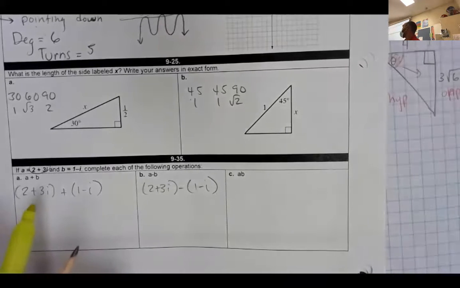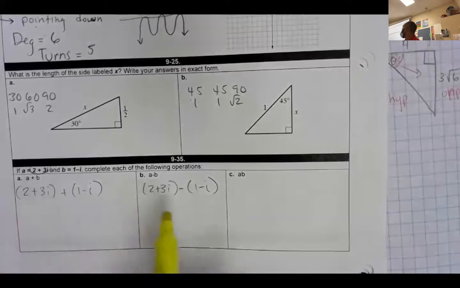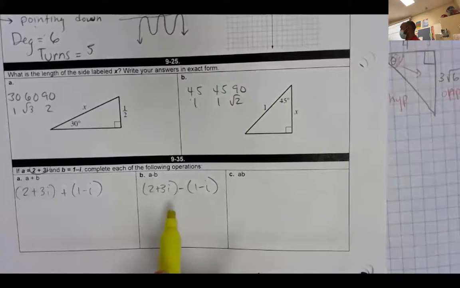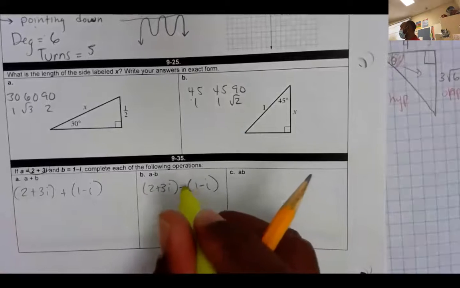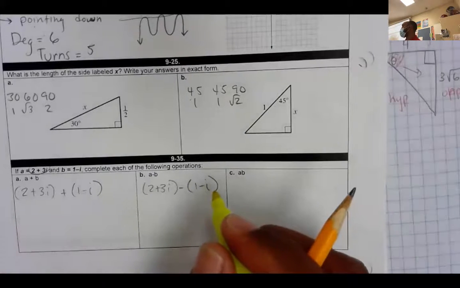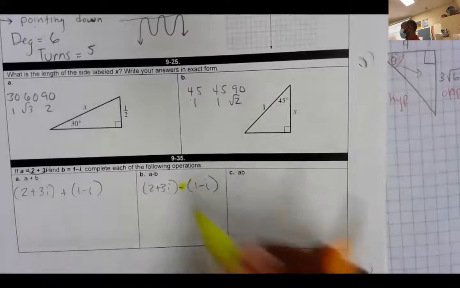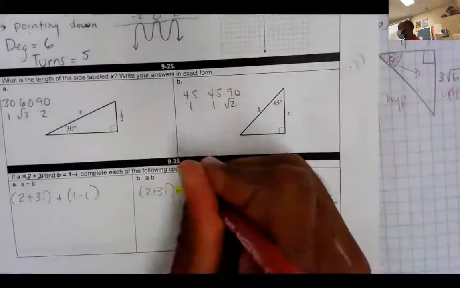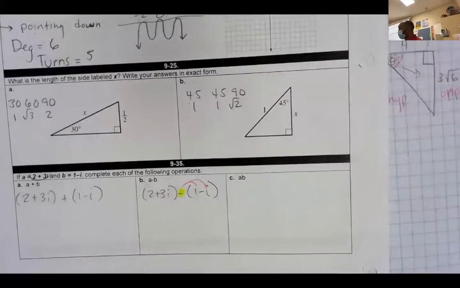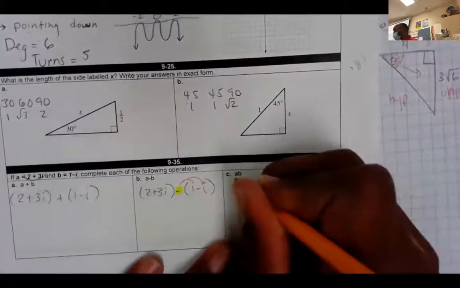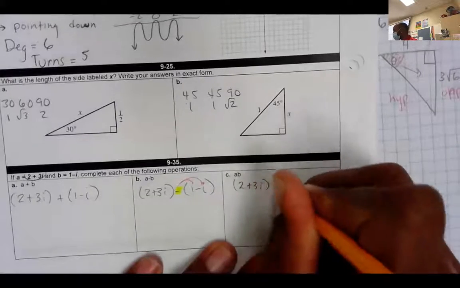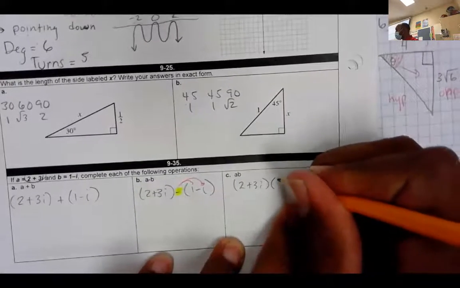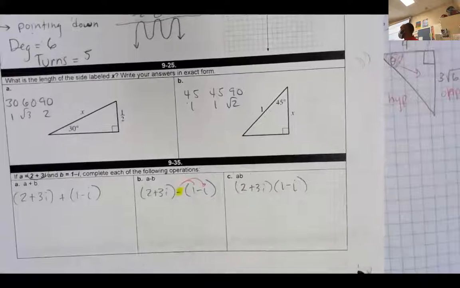In letter A, we can just add right away. What about this one? If I have a minus in front of the parentheses, what do I have to do first? Distribute it. Make sure you distribute. That's the difference with that one and the other one. For the last one, you are multiplying. It's basically the same thing each time, except one you're adding, one you're subtracting, and the last one you're multiplying.